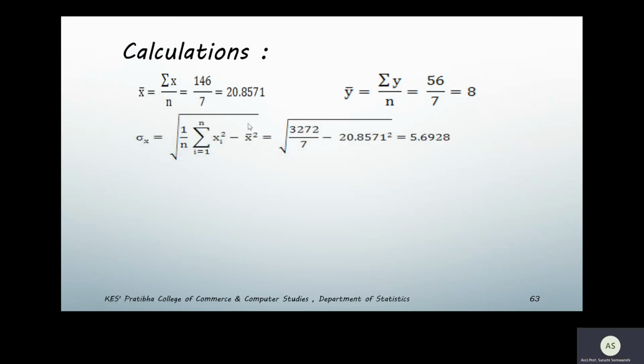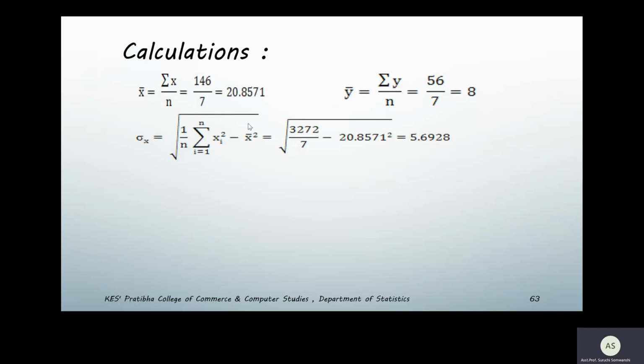Then we will calculate sigma x, that is, the standard deviation of x. The formula is the square root of 1 upon n summation xi square minus x bar square. The value of n is 7 here, so 1 upon 7 into summation of x square, which is 3272, minus x bar square. The x bar we just calculated is 20.8571, so we have to square that value.